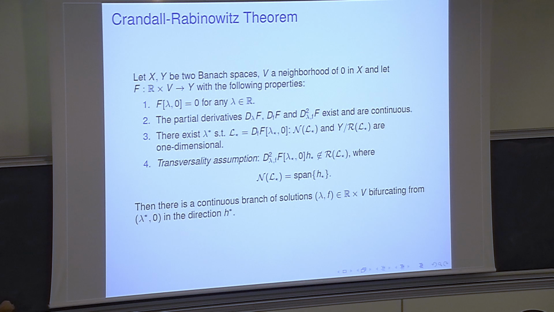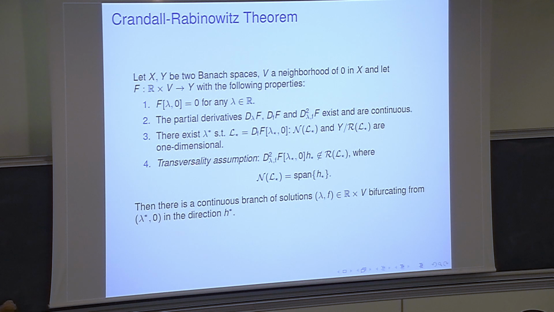So the third and fourth have to do just with the linear part, and they say that there exists a value lambda star such that the partial derivative with respect to f of the functional at the point f equal to 0 and lambda star, which I'm going to call the linear operator L star, has a one-dimensional kernel, and also the codimension of the image of this operator in Y is one.